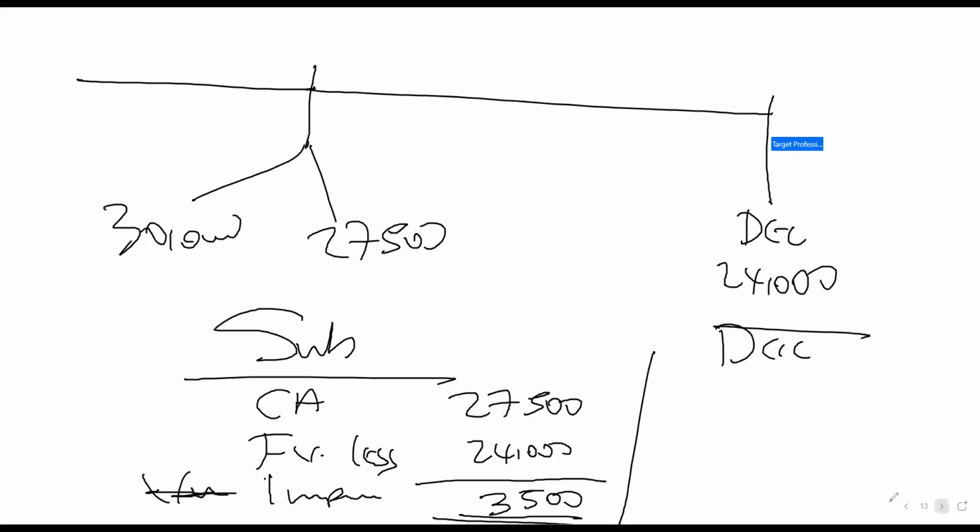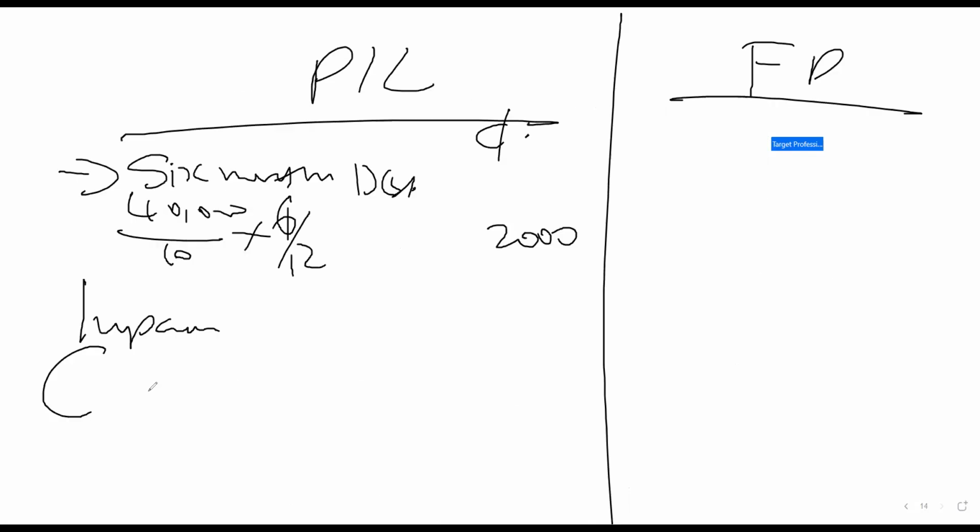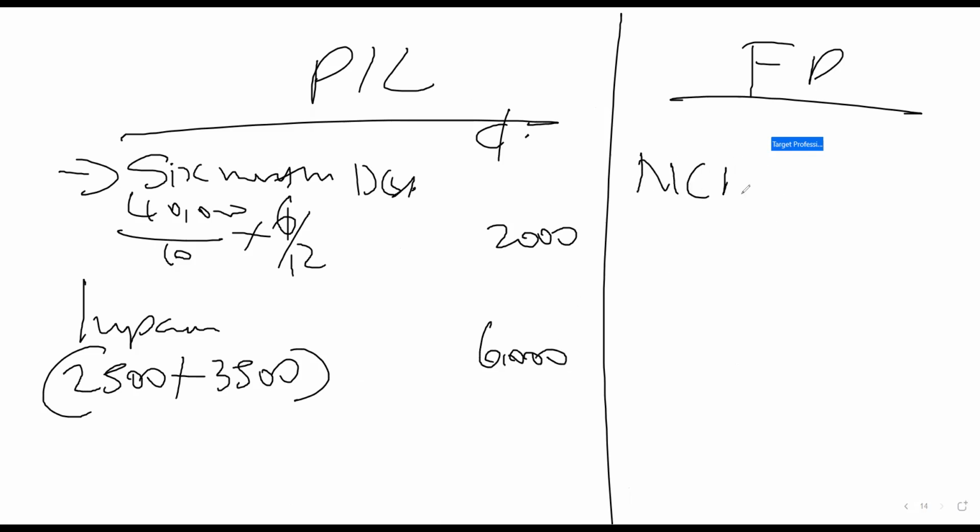The first impairment is 2,500, plus the second impairment of 3,500. What's the total impairment? 6,000. So in the balance sheet, under your non-current assets, say non-current asset held for sale, what figure do you send them?